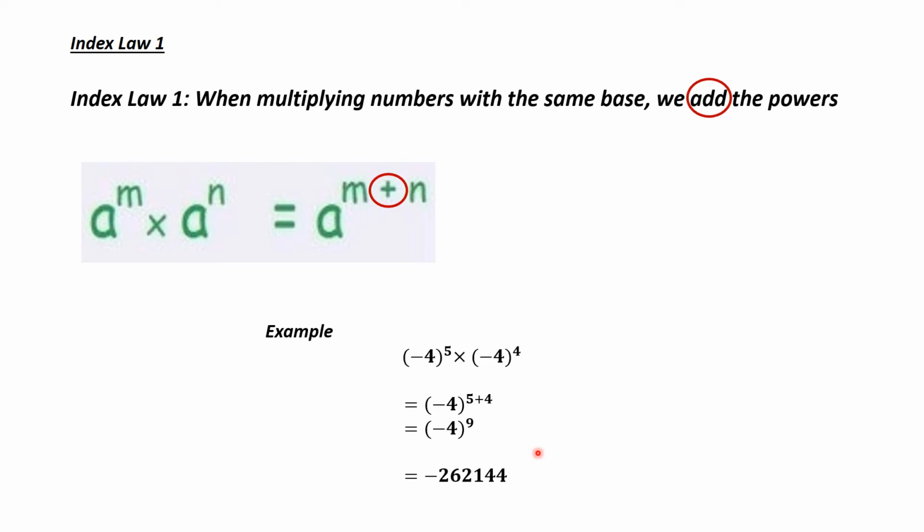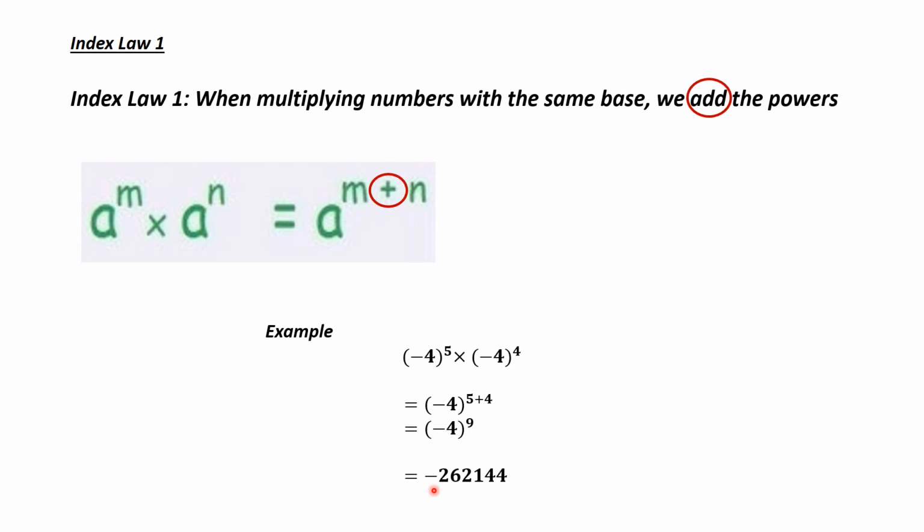We get -262,144. So quite a big number. And if we think about that, that's because I'm multiplying -4 by itself 9 times. So you will end up with a large looking number.